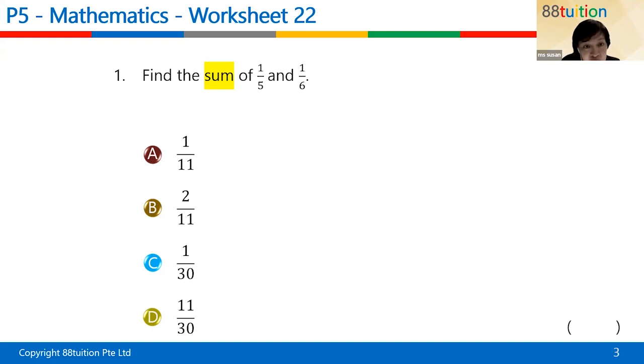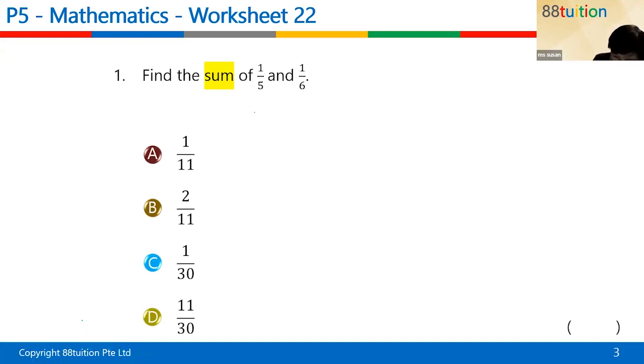Okay, good. Most of them got it correct. Good job. The answer is D. For those who got it wrong, please try to do them. Number 1, what we need to do is to find a common denominator.